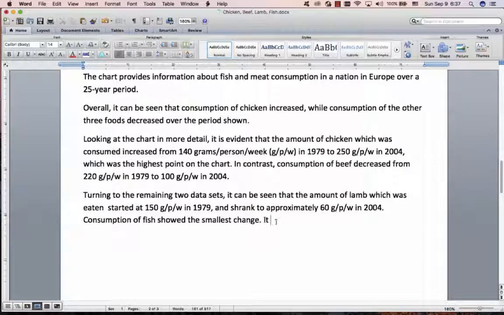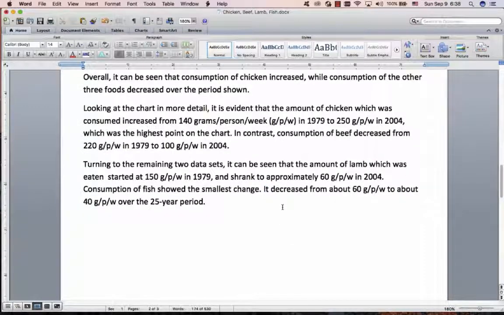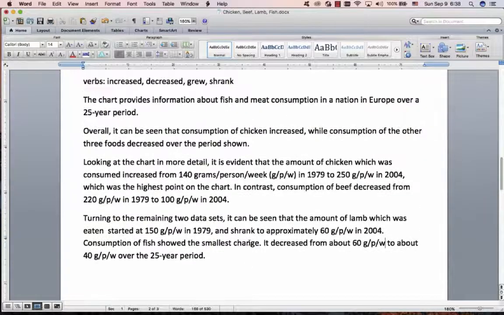So that's the only time in this essay where we're using something else as the subject of the sentence. It decreased from about that to about that over the 25-year period. I've made it a little bit different. I didn't say in 1979 over there. I just said over the 25-year period, just to change it a little bit.